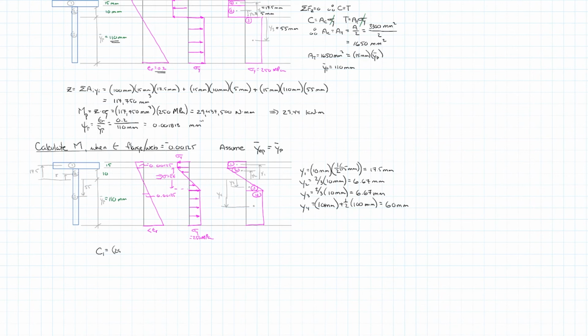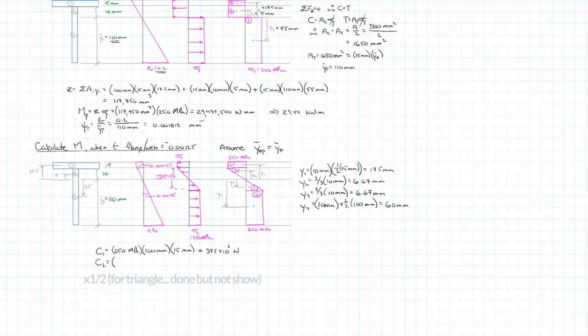So as before, we're going to go ahead and calculate our force components. So C1 is equal to our stress component. It's in plasticity, so 250 MPa times 100 millimeters times 15 millimeters for the thickness of the flange, and that's equal to 375 times 10 to the third newtons.